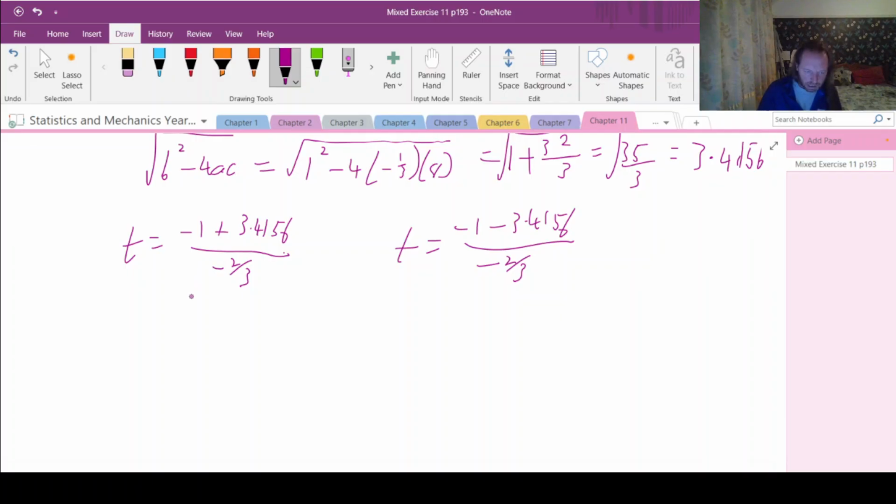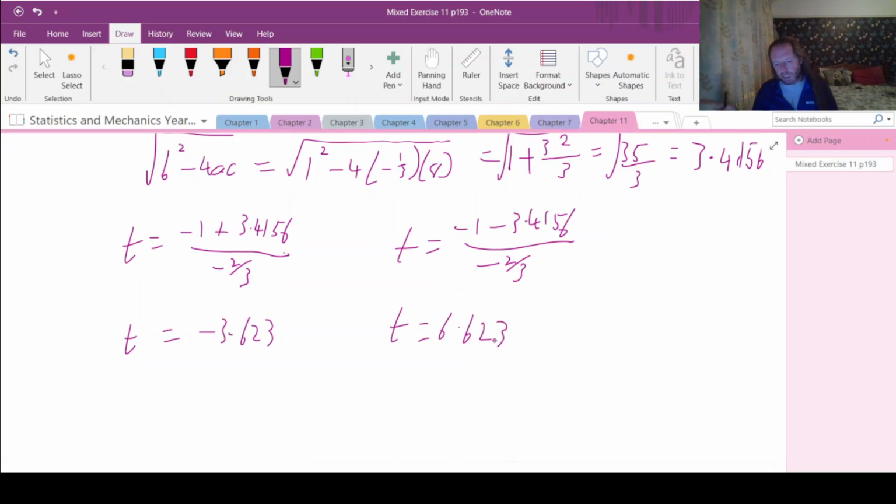Banging that all into the calculator. T equals, right then, minus 1 plus 3.4156 divided by minus 2/3 is minus 3.623, and also t equals minus 1 minus 3.4156, all divided by minus 2/3, is 6.623.